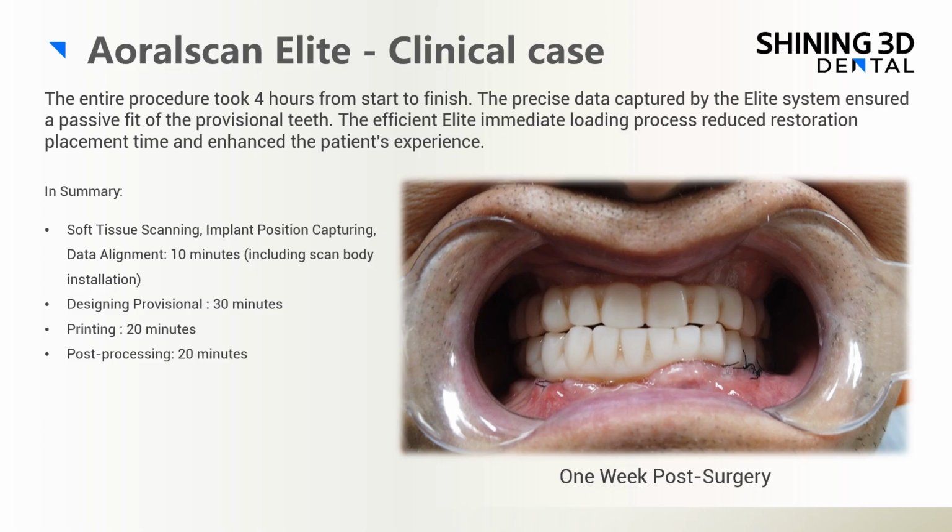The printing costs 20 minutes using the cell printer, and the post-processing part costs 20 minutes. The picture on this slide shows the status 1 week after the surgery. That's what we can do using the Aoralscan Elite for immediate loading cases.